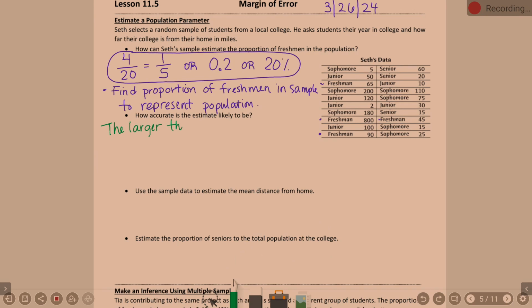The larger the sample, the more accurate the estimate will be. And just in general, the better the sample represents the population, the more accurate the estimate will be.